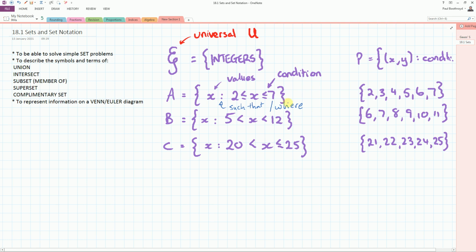All right, so that's the fairly basic, straightforward part of which numbers are included. Now, what we come into is describing groupings of these things.